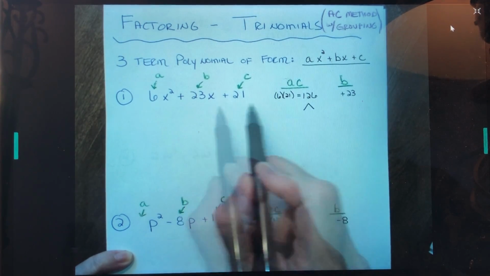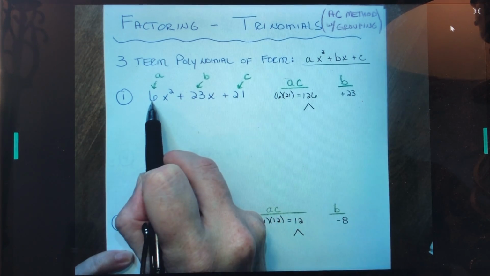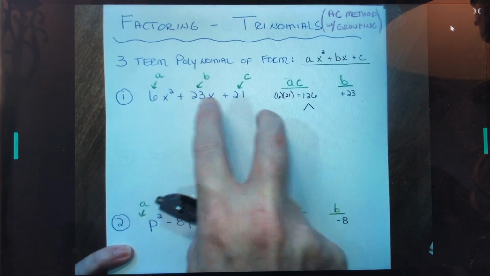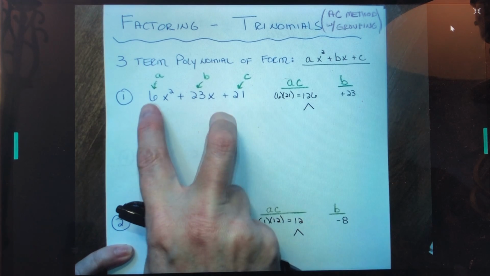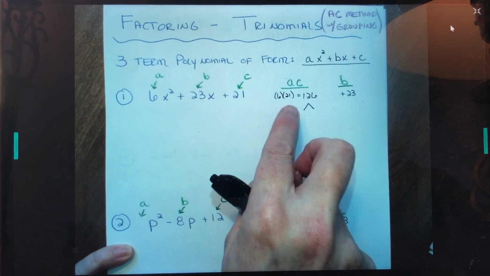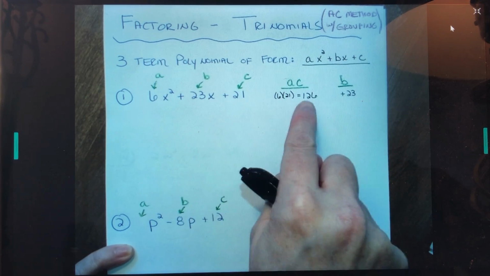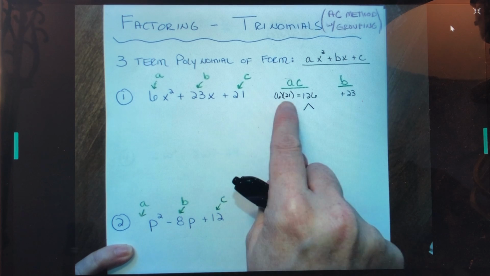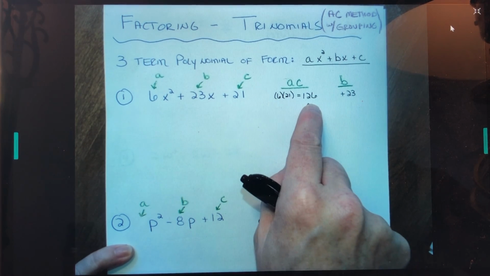When you first start out doing your factorization, you take the A and the C, and you multiply those together to get a number. The signs matter. These were both positive, so the result is positive. If this had been a negative and a positive, then I would have had a negative result here. So in this case, positive times positive, I have a positive 126.